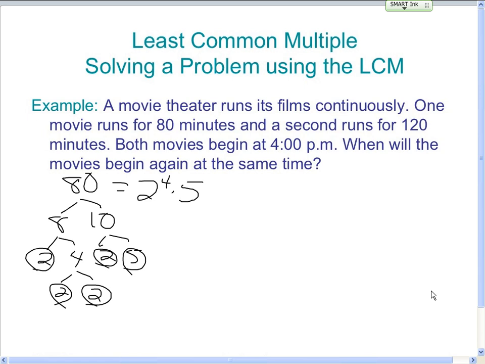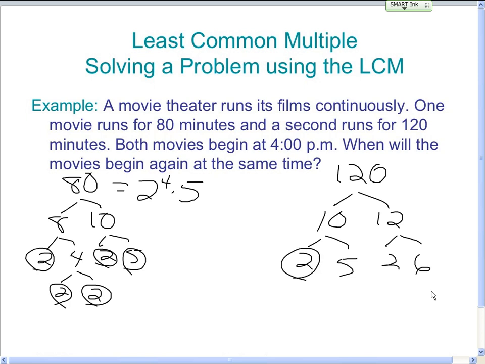And let's look at 120. 10 times 12, 2 times 5, 2 times 6, and 2 times 3. So this gives me 2 to the third times 3 times 5.